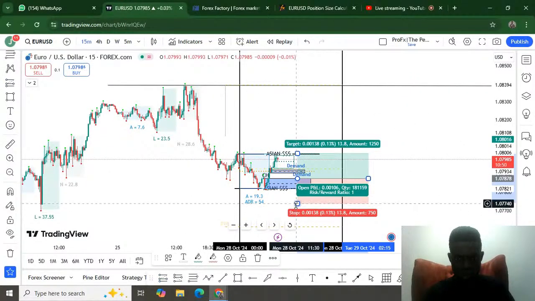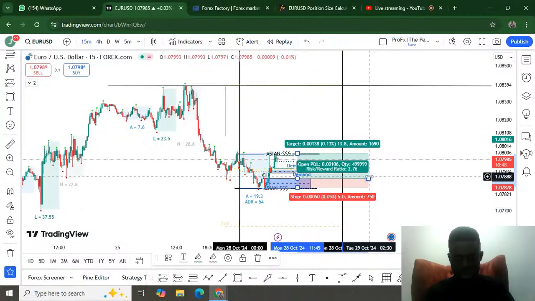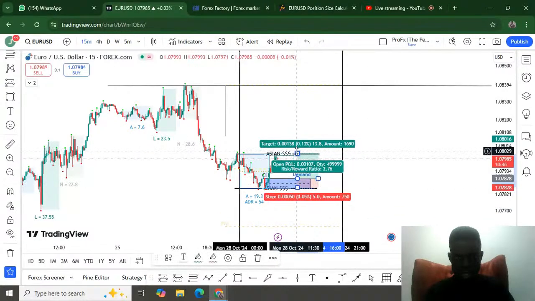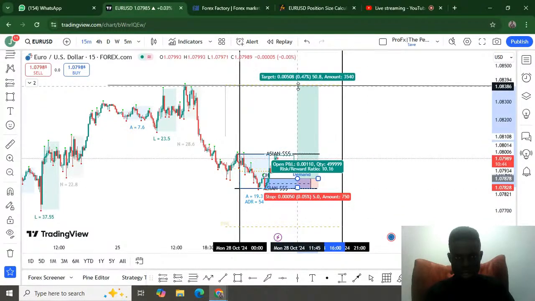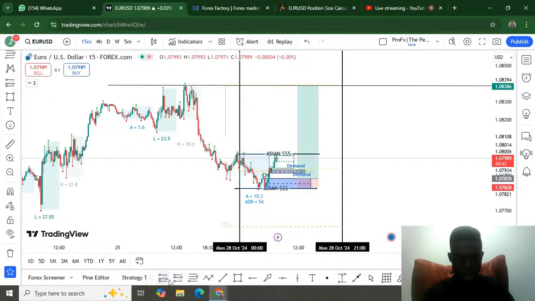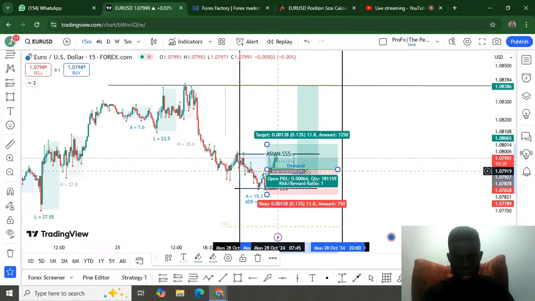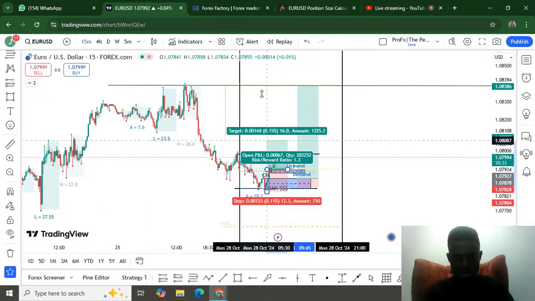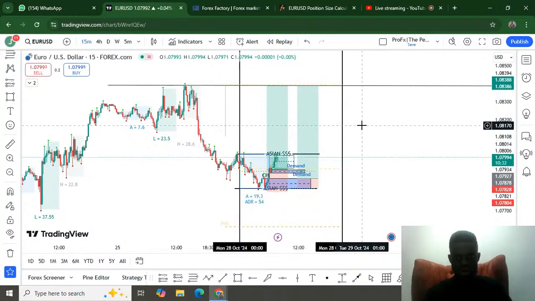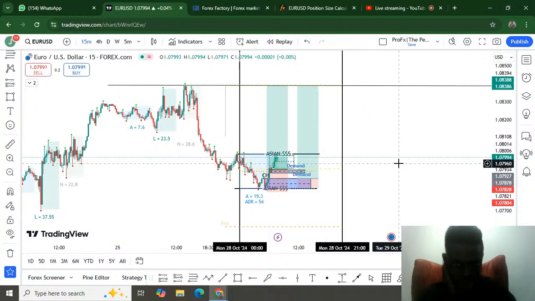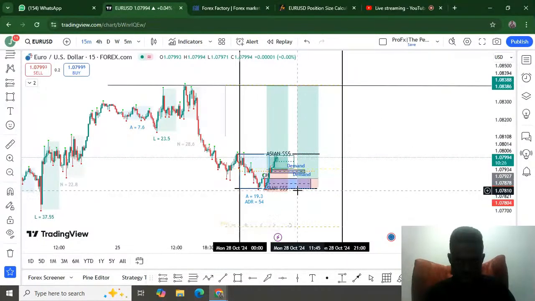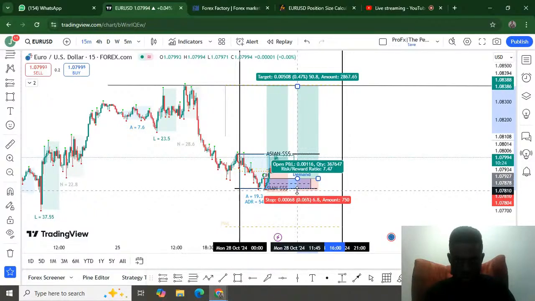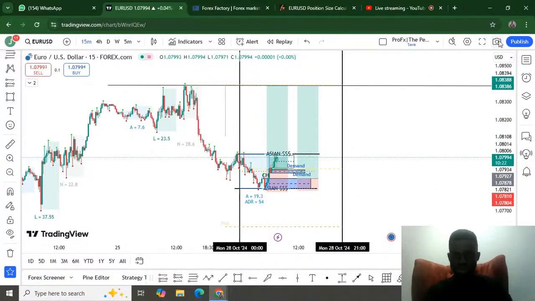So I'll be buying from either of those demand zones, the one at 71% or the one at 50%. But for each of them, my stop loss is going to be at my Asian low. For each of them, my stop loss needs to be below the Asian low to be safe. Okay.